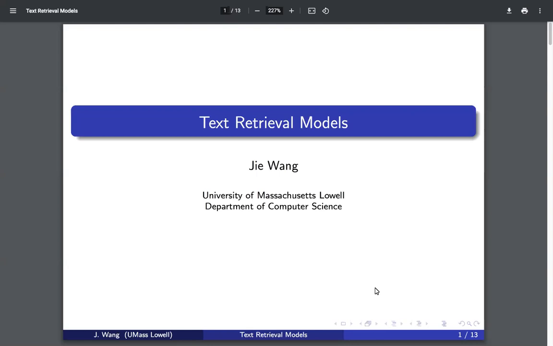And so that's why we want to look at the mechanisms behind this text retrieval, what kind of models people use, and then eventually we're going to talk about search engine implementation.